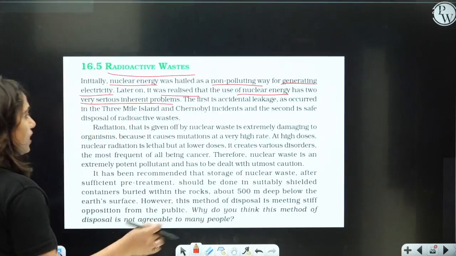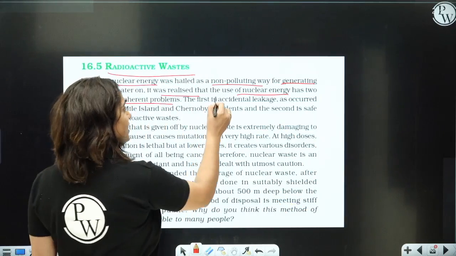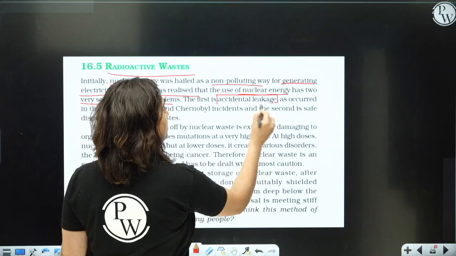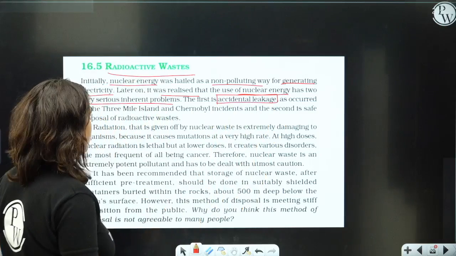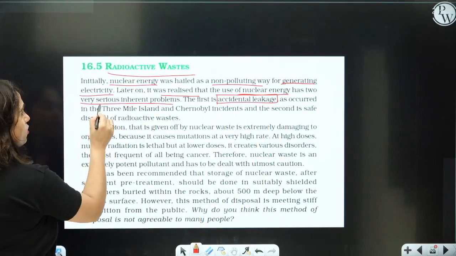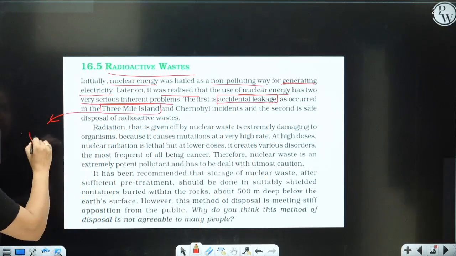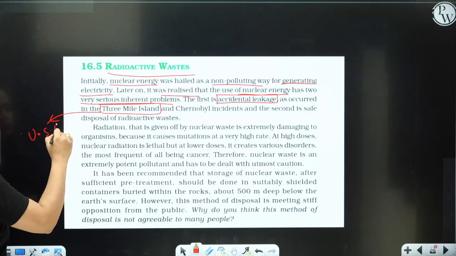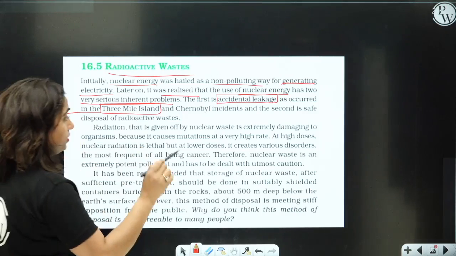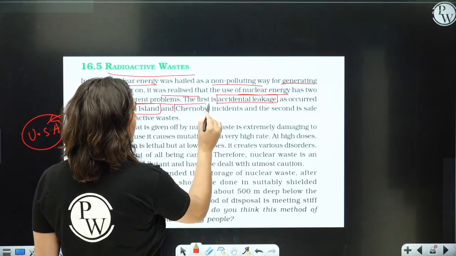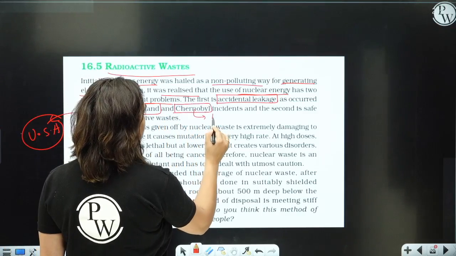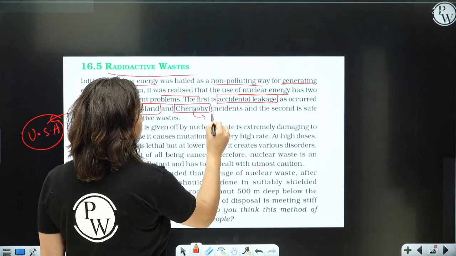So there were two cases of accidental leakage of the nuclear waste. The first one was Three Mile Island in the USA, right? And the other example is Chernobyl, that is in Ukraine. It was in Ukraine, USSR.